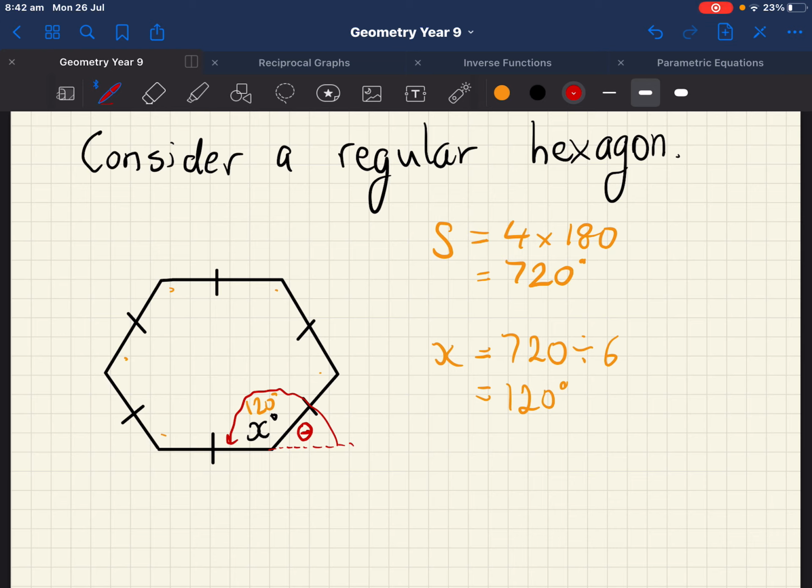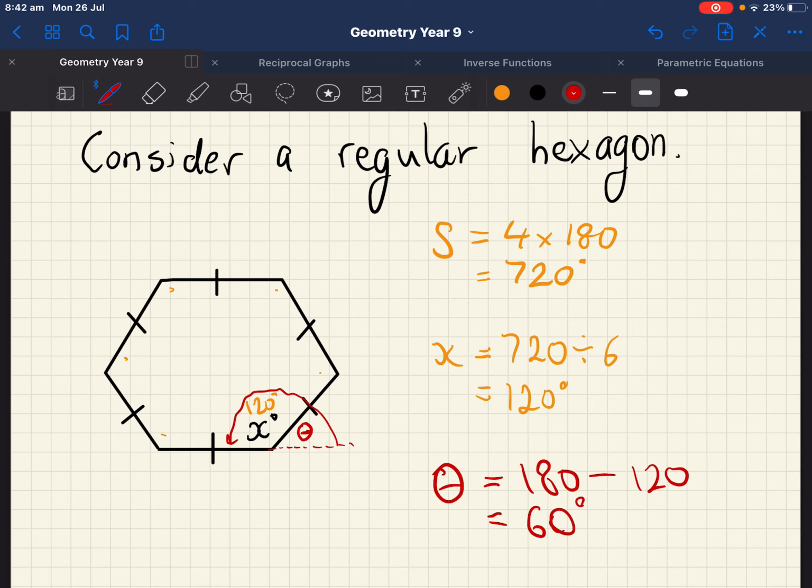That means this whole thing needs to add up to 180 degrees, right? Remember, straight angles are 180 degrees. You would have learned it in primary school. So if x is 120, what is our exterior angle going to be? Well, it's going to be 180 minus the 120, which ends up giving us 60 degrees. That there is the exterior angle of this regular hexagon.